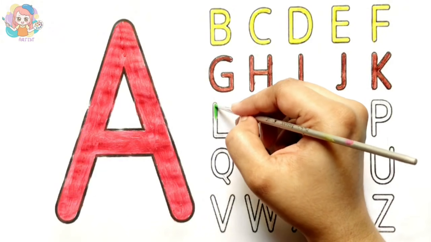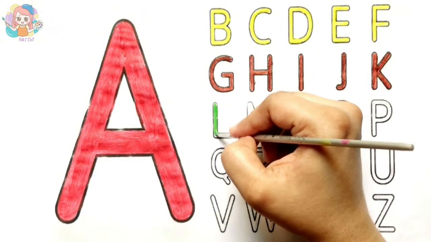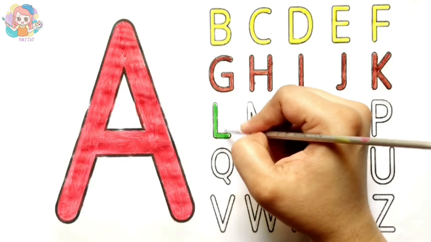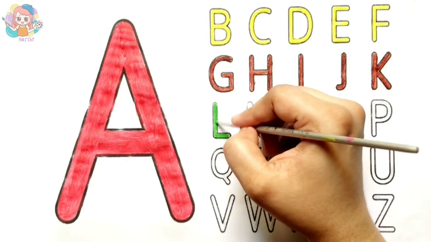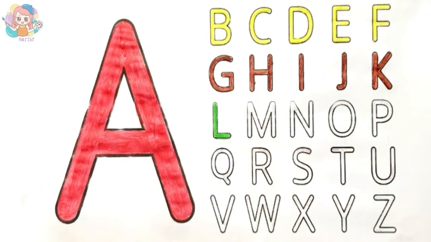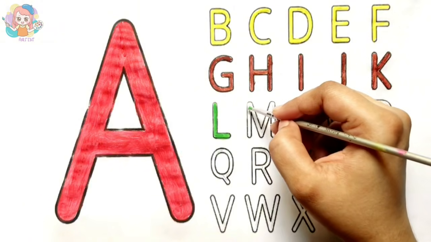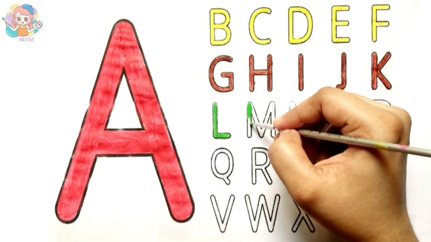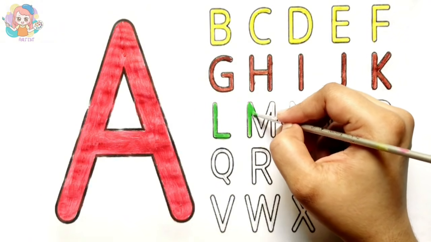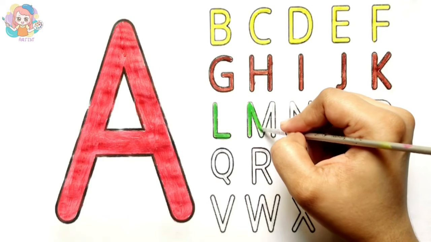Light green color. L for lollipop. M for moon.